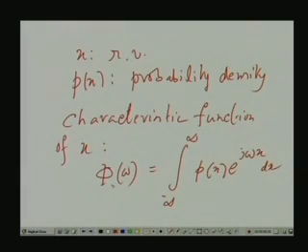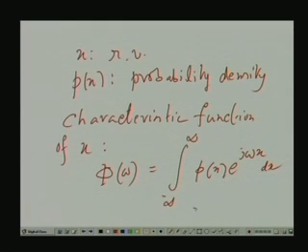It is something very similar to Fourier transform. Only thing is that in Fourier transform you have a minus sign here, here you do not have that. Okay. So, phi omega as such is a complex function of omega. Okay, phi omega is a complex function of omega. It is called the characteristic functions, or sometimes the first characteristic functions of the random variable x.